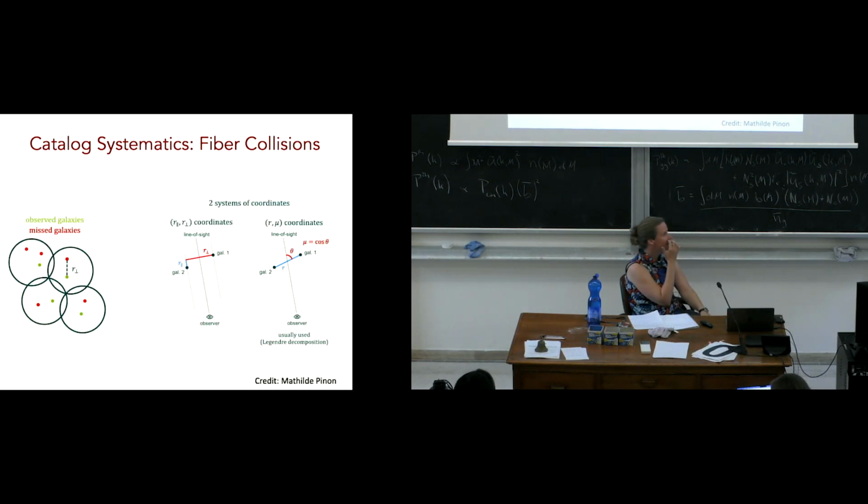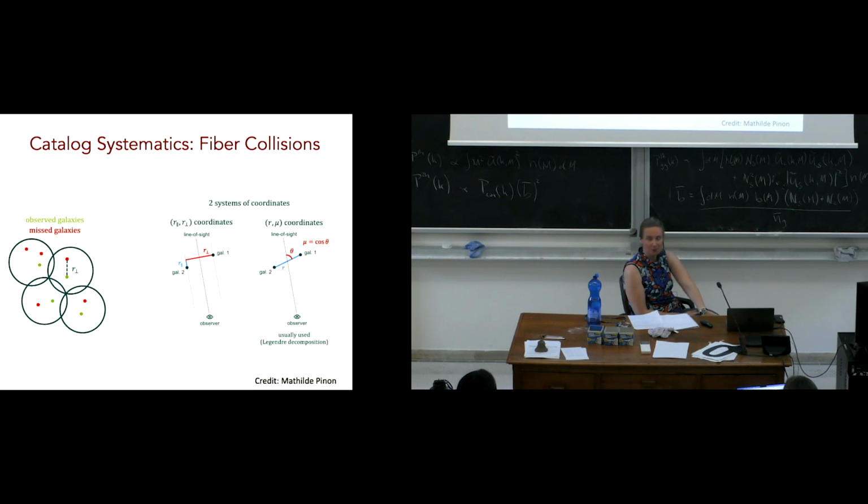So that basically means that within each patrol radius corresponding to one fiber, there will be galaxies that are missed, even if they made it into the target selection beforehand using our magnitude and color cuts and are in the sample that we want to observe. We are just not able to observe them all within the first pass.